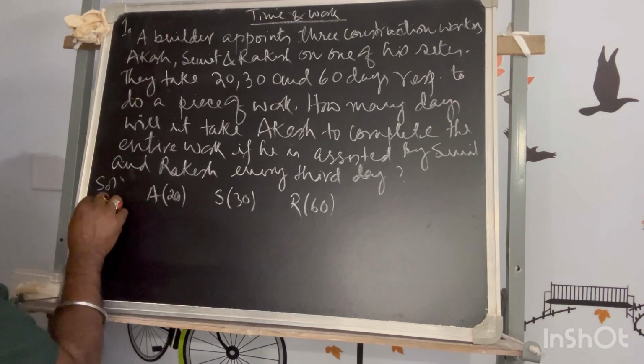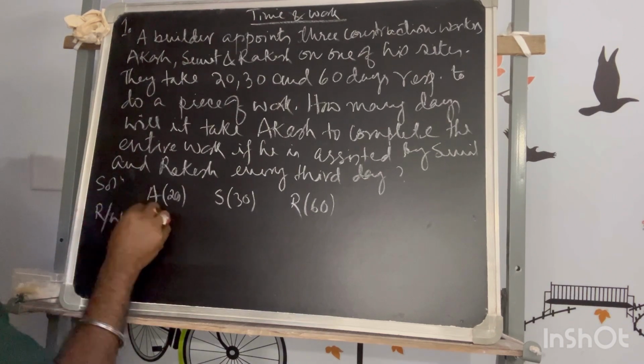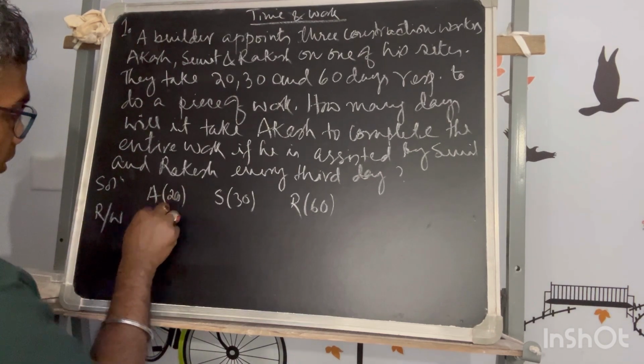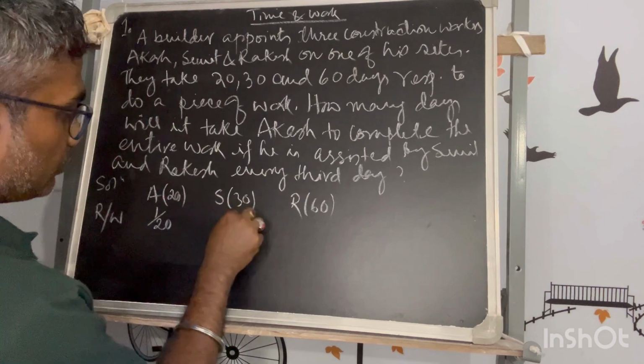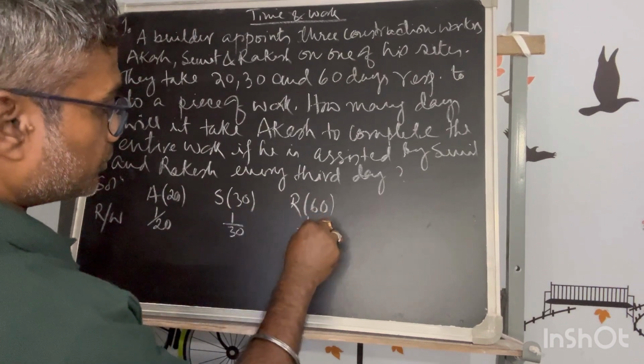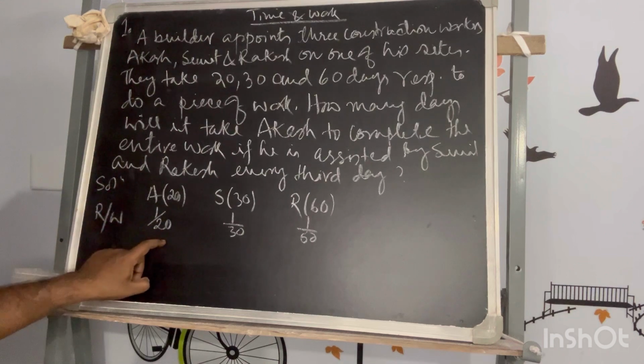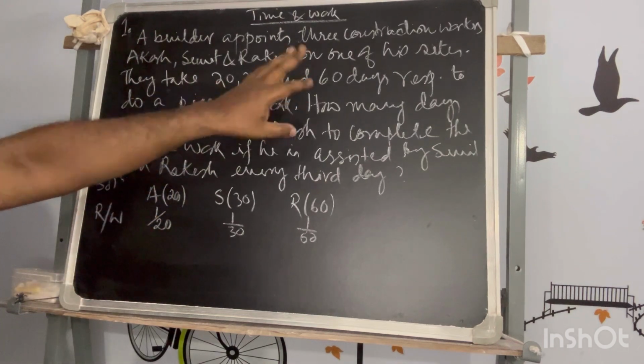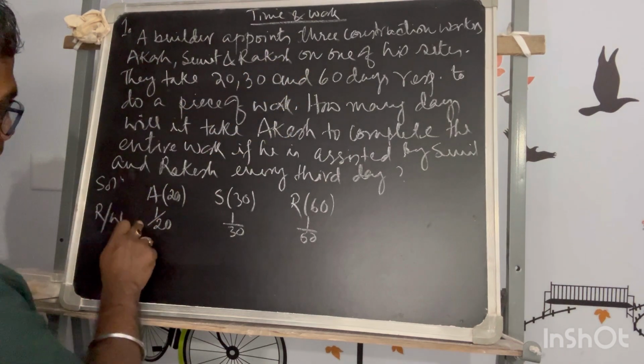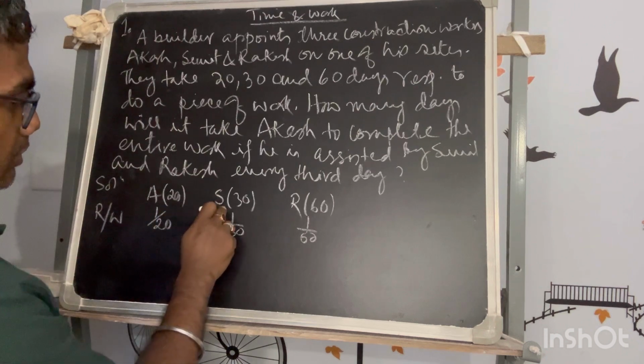Their rate of work is 1 upon 20, 1 upon 30, 1 upon 60, that means work per unit time. As it is days, this is the work per day they can do.